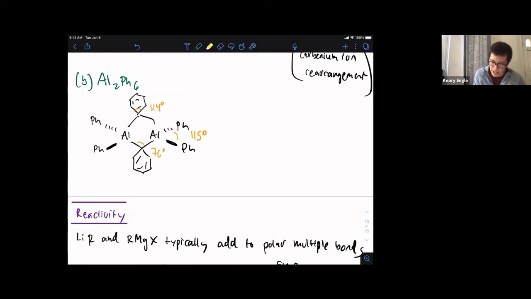The one that I just want to highlight is how we see this distortion from a perfect trigonal planar geometry that we would expect in a phenyl group, now starting to see some tetrahedral character, so deviation from the 120-degree bonding angle, suggesting sp3 character on that carbon center.